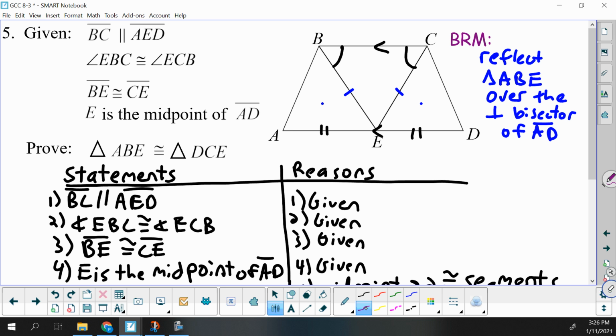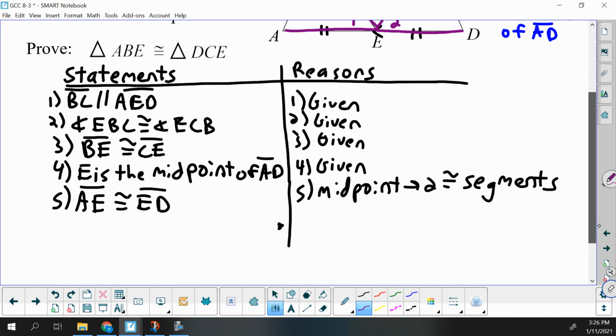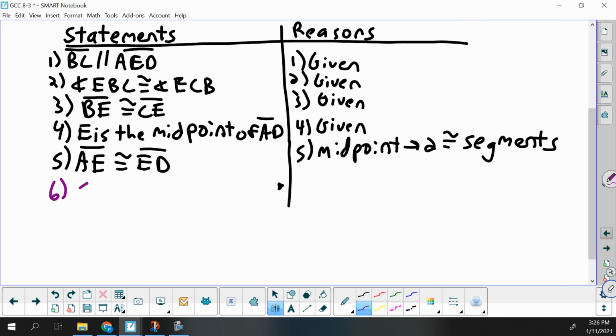Well, what we can do is we can do our zigzag going this way and our zigzag going this way. Let's call this angle 1, and we'll call that angle 2. Well, we can say 1 is congruent to angle EBC. So angle 1 is congruent to angle EBC.